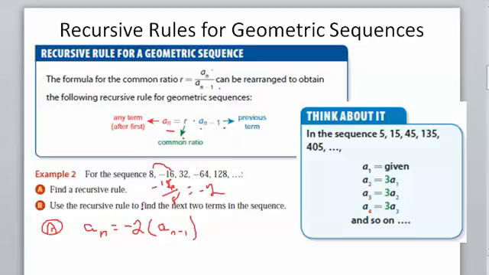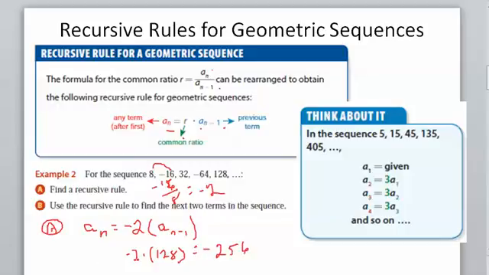And we're going to use this rule to find the next two terms in the sequence. So my last term is 128. To find the next term in the sequence, I'm going to take -2 times 128, and that's going to give me -256.